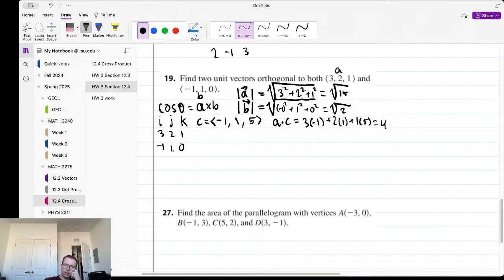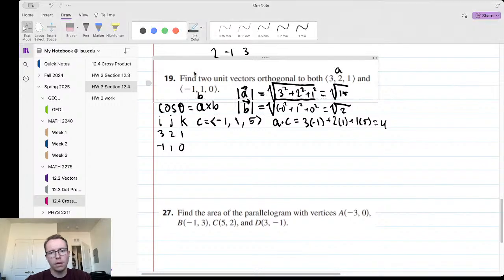Two times 0 minus 1 times 1, and then 3 times 0 minus negative 1. That's positive 1. And then 3 times 1 minus negative 2 is 5.